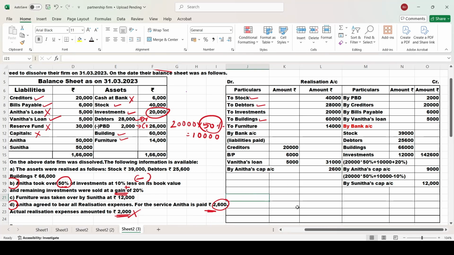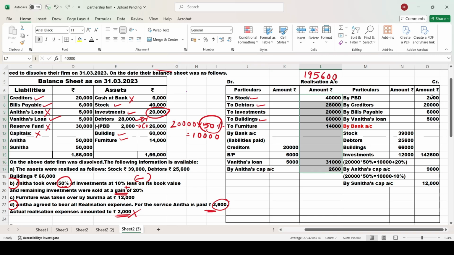Fine. Now we have completed all the adjustments. We'll total it and check whether we have earned a profit or incurred a loss. So here this side it is 1,95,600. I'll write it on the top here. Okay. We'll total here.